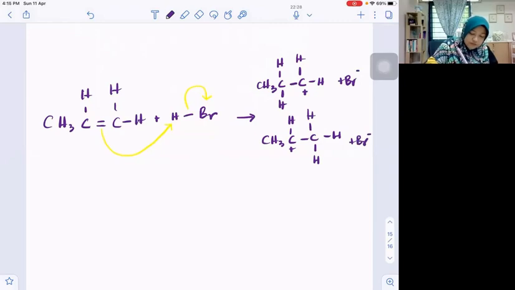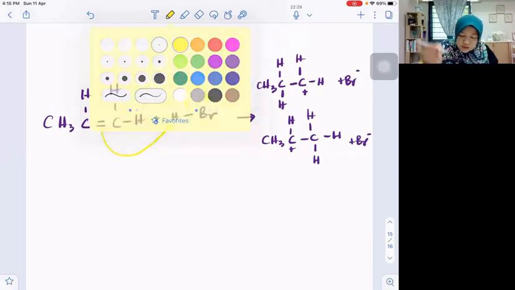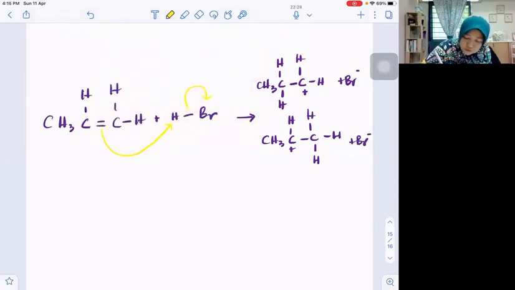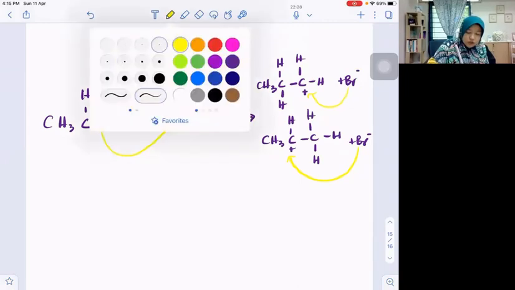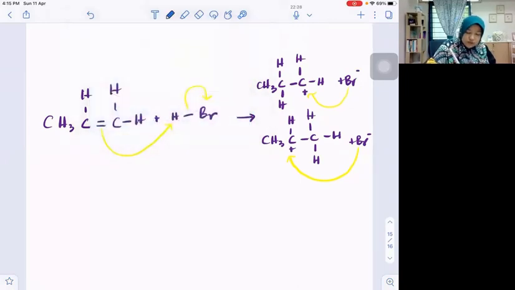In the second step, the bromide attacks the carbocation. Since we have two possible carbocations, this one or this one, we will have two products. Since I do not have enough space, let me show you the first possibility.